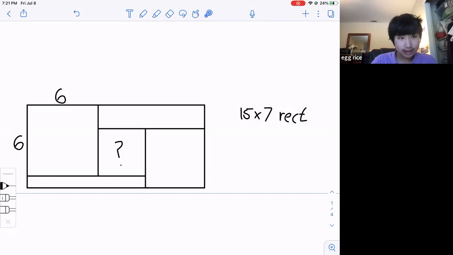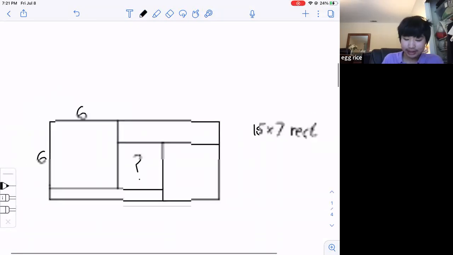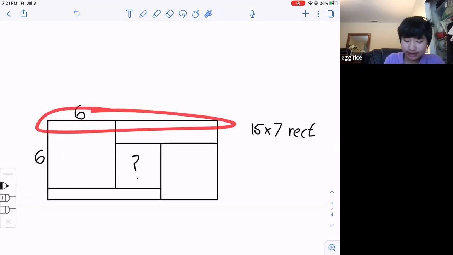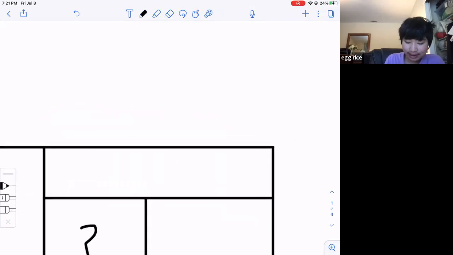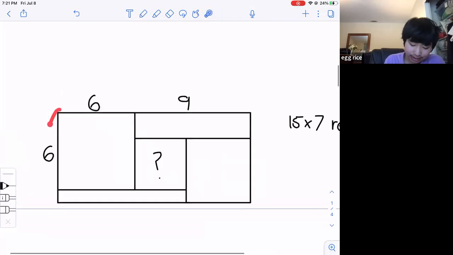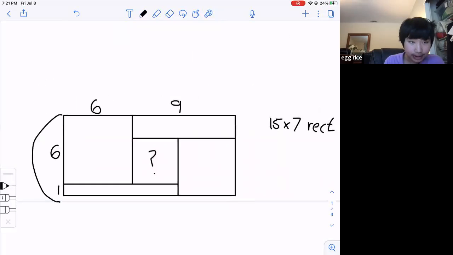So 6 plus 9 equals 15. Basically, Joy is saying that this total length here is 15, and this is 6. So you can pretty much do the same thing to find that this one is 9. Similarly, we can also do this to find out that this length is 1, because the total length here is 7.